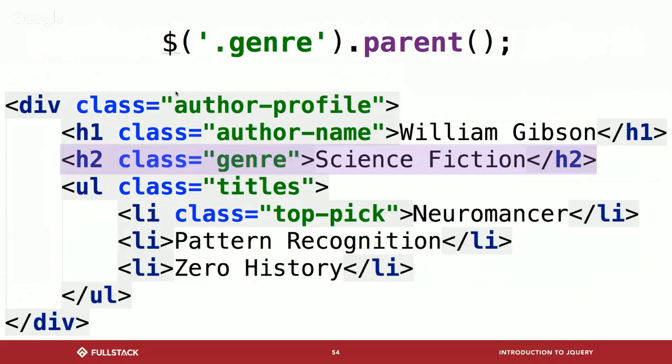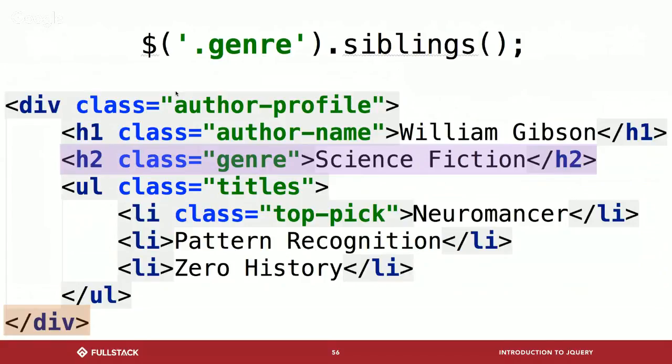So another thing, and you probably are going to be using this in the workshop: here's the parent. If we said genre siblings, and again, there's no native JavaScript method to find siblings. It's probably going up and looking at the parent node and finding the other children that aren't empty, and leaving out the one that you started.